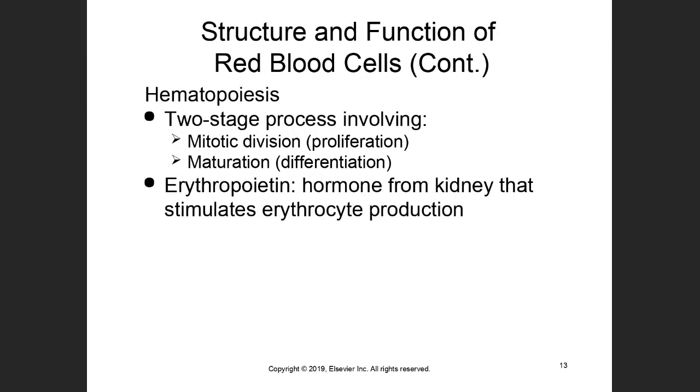Hematopoiesis has two stages: mitotic division, proliferation, and maturation, that is the differentiation. In that process of differentiation, the red blood cells release the nucleus, because red blood cells are one of the few cells in our body that don't have any nucleus. Okay.